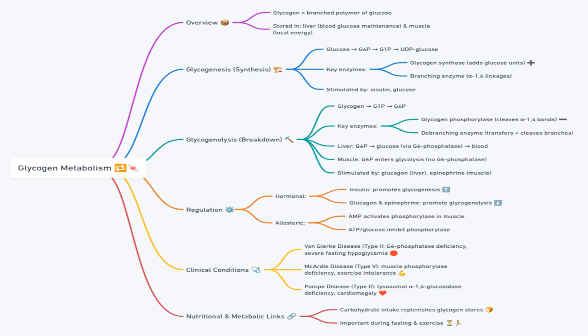So remember the pathway: glucose 6 phosphate to glucose 1 phosphate, but it could be converted back to glucose 6 phosphate by phosphoglucomutase, or back to glucose 1 phosphate by the same enzyme phosphoglucomutase, and from glucose 1 phosphate, UTP comes in.